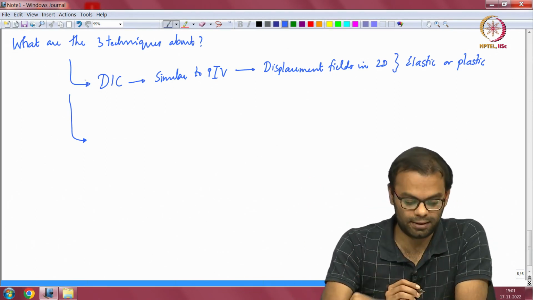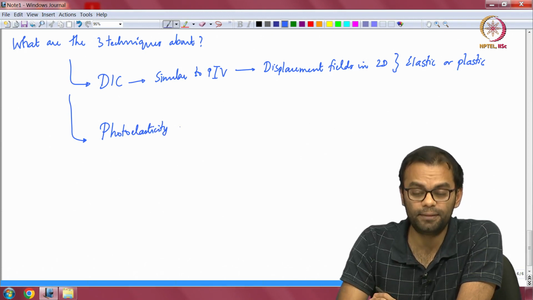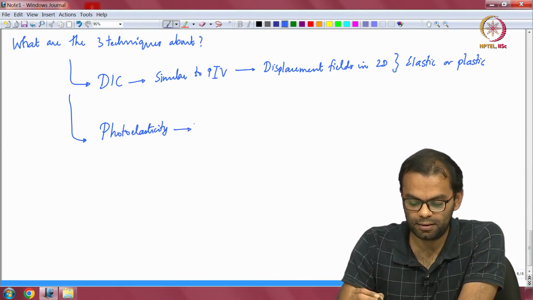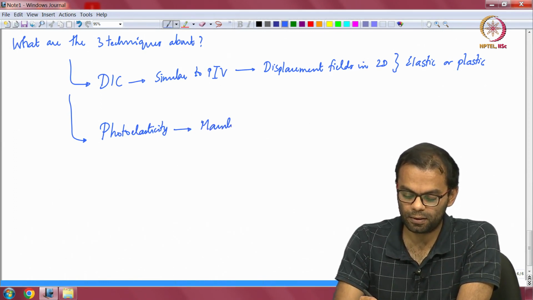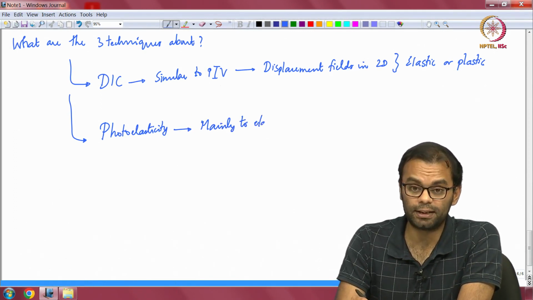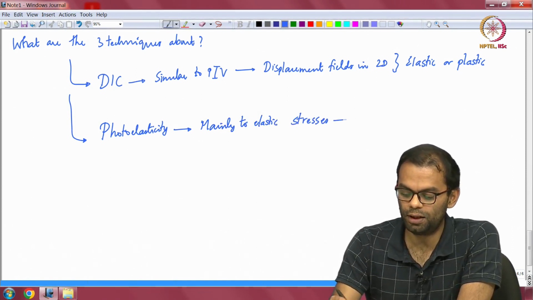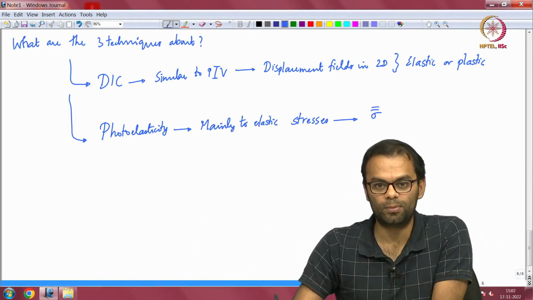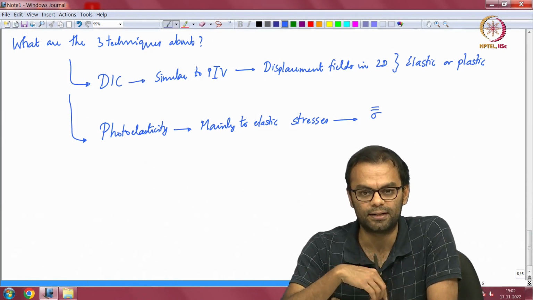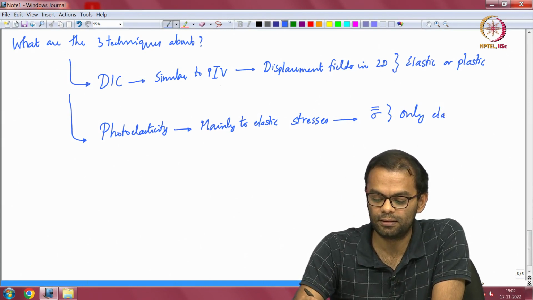The second technique is called photoelasticity, and this applies mainly to elastic stresses. Here you directly get the stress tensor, or in some reasonable form you get an expression for the stress tensor, and this is only elastic, predominantly.